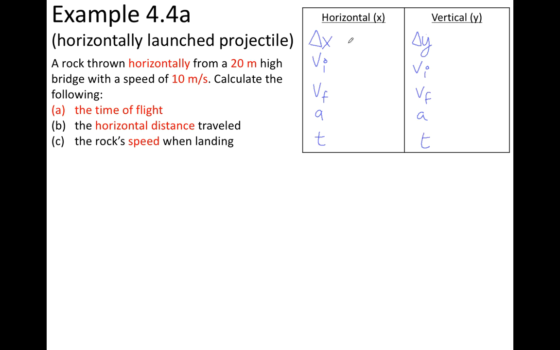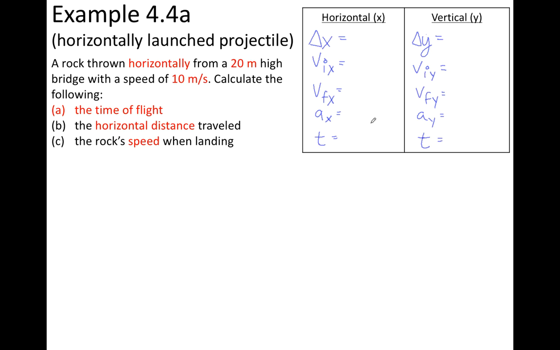The values that are vectors, which include delta x and delta y, the initial and final velocities and accelerations, all need to be separated into their x and y components. So I'm going to add x and y subscripts to all the values that are vector quantities. I don't have to do that with t because t is a scalar quantity. It does not have direction associated with it.